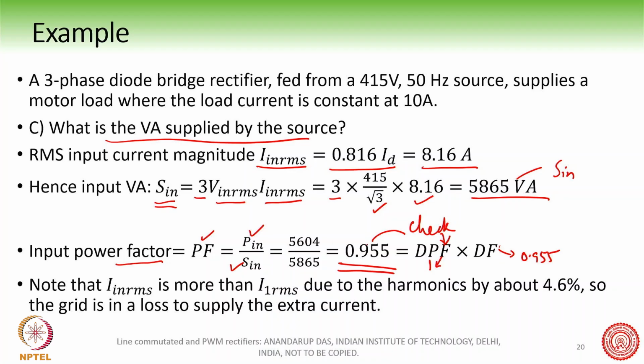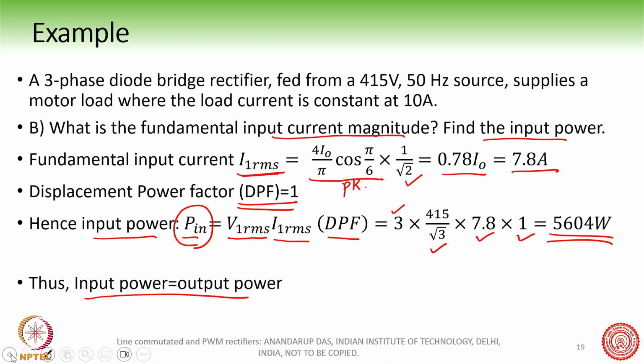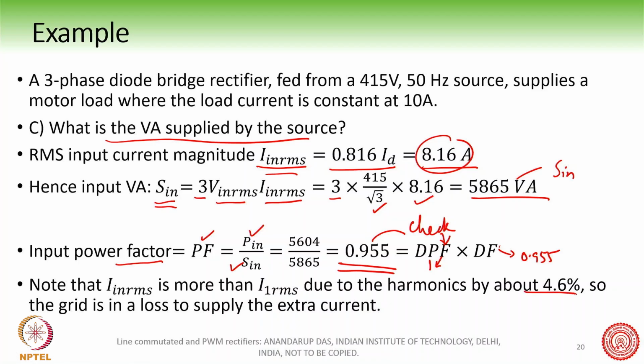So the power factor is dpf into df, but you can also see it as P in by S in, which is 0.955. You can also see that this I in RMS, which is 8.16, is more than the fundamental current I1 RMS, which is 7.8 ampere. The extra current is about 4.6%, so the grid will be at a loss to supply this extra current.